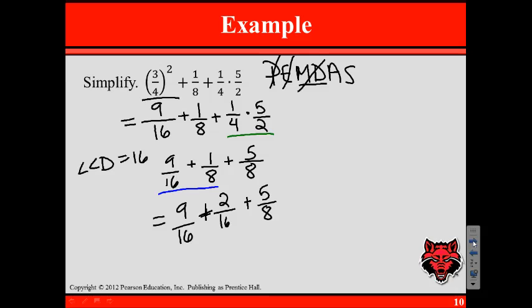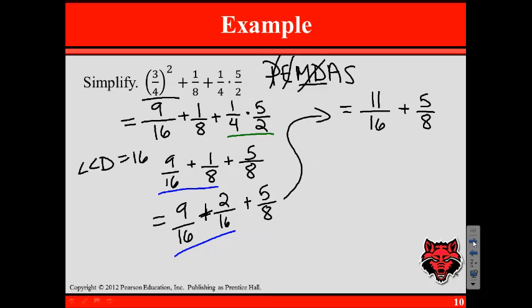So I just wanted to write that step first so we would actually be able to add those first two fractions. Now that we have common denominators, we write 16 one time in the denominator. We add 9 and 2. That becomes 11. So we have 11 over 16 plus 5 over 8.